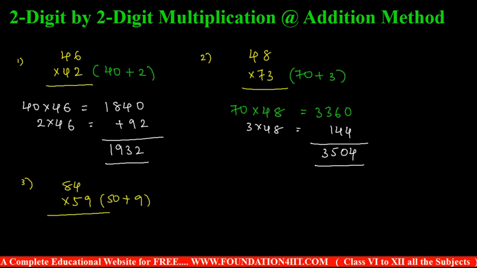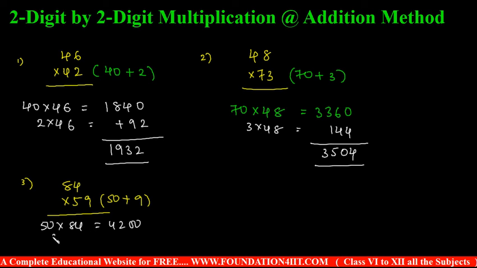Internally, if you apply 50 to 84, that is simple. If you observe, 84 you should make half, 42, and keep 2 zeros because of multiplying with 50. 50 is 1 by 2 of 100, half of the 100. So 84 into 100 is 8400, divided by 2 is 4200.